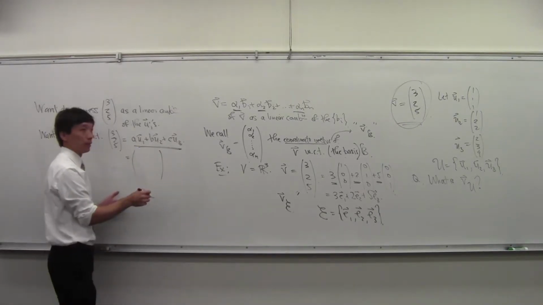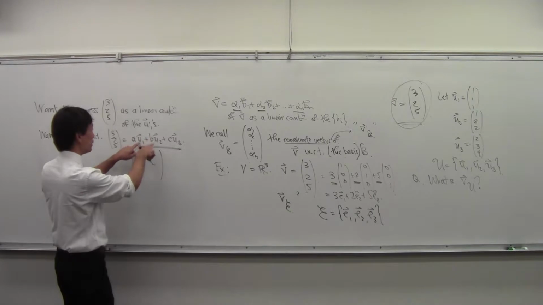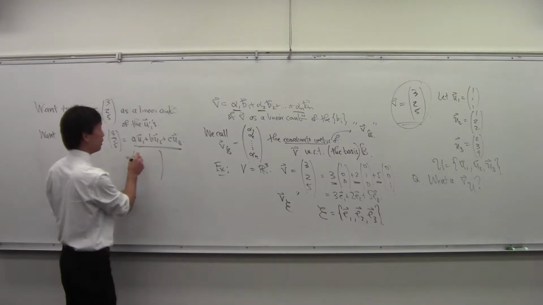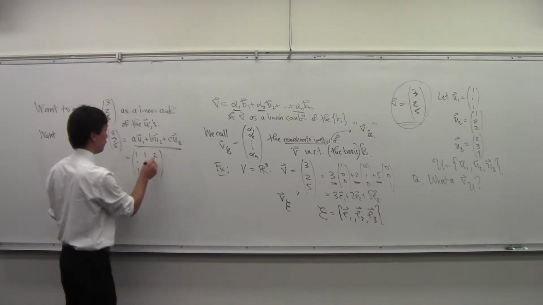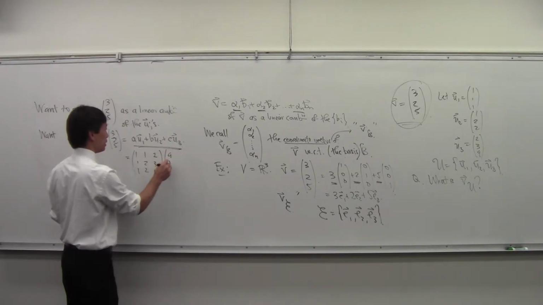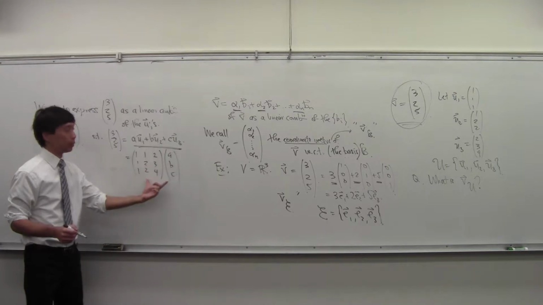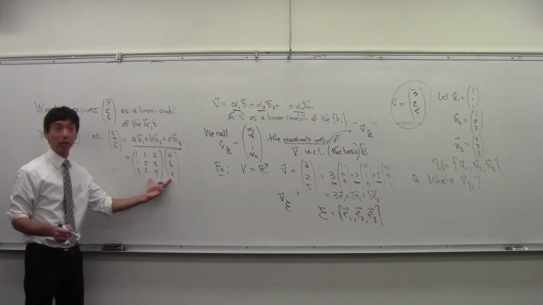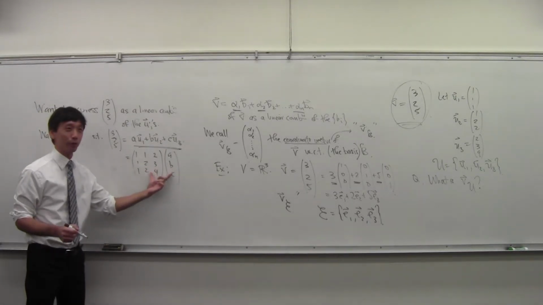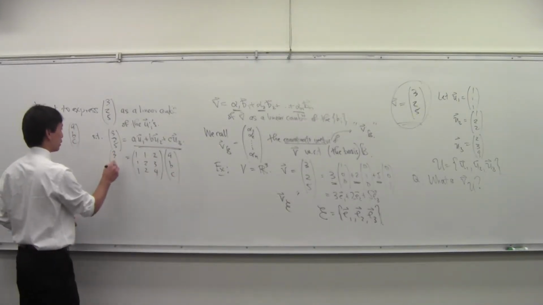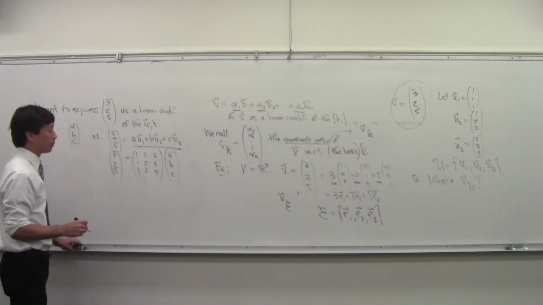That's the same thing as using these vectors as the columns. So the matrix with rows 1, 1, 1, 1, 2, 2, 2, 3, 4 times A, B, C is exactly this linear combination, by our key observation that we've used over and over and over.